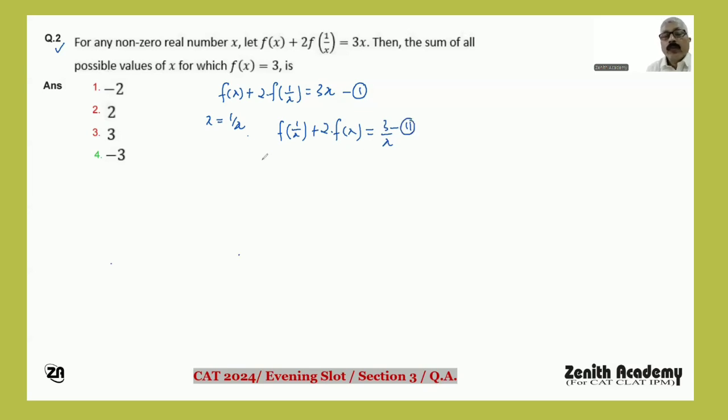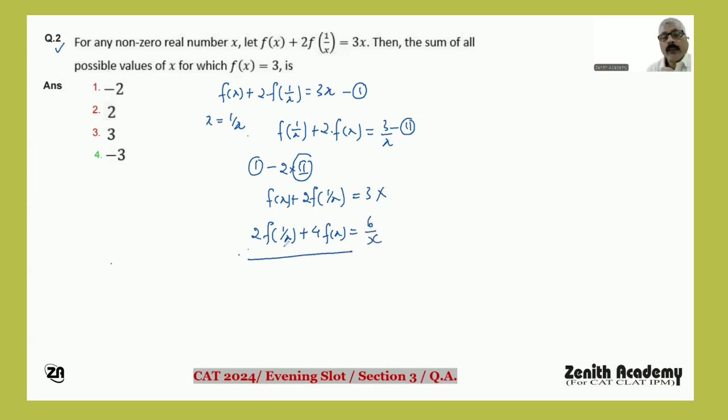Now from equation 1, subtract 2 into equation number 2. Then we can eliminate this 2f of 1 upon x. Like f(x) plus twice f of 1 upon x is equal to 3x, and below in equation 2 I multiplied by 2: 2 f of 1 upon x plus 2 times 2f(x) is 4f(x), and this is 6 by x.